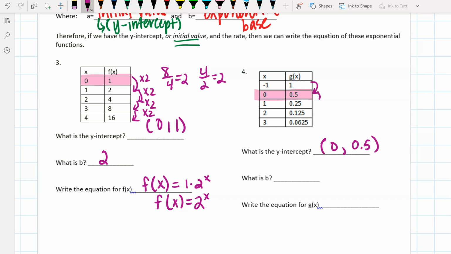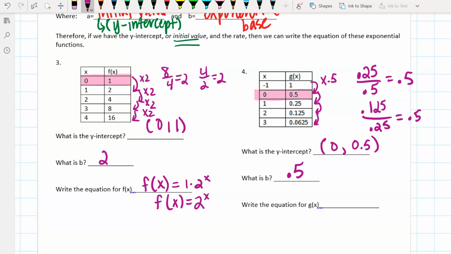To find our exponential base, we find the change between our y values, in this case g of x. To get from 1 to 0.5, anything times 1 is just itself, so if I multiply by 0.5, then I would get 0.5. To check that, you can also take 0.25 divided by 0.5 or 0.125 divided by 0.25, all of which should give you 0.5. So here our base is going to be 0.5 or 1/2.